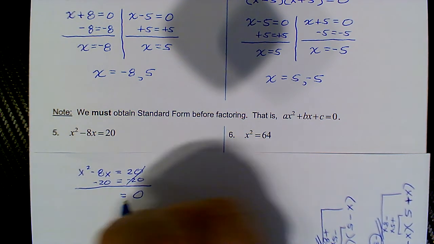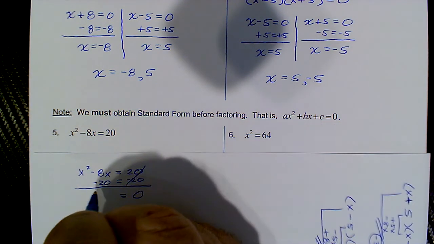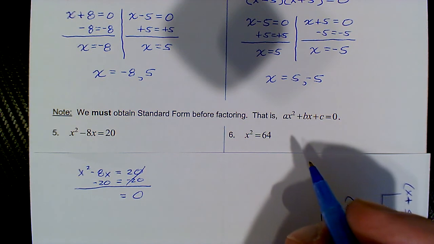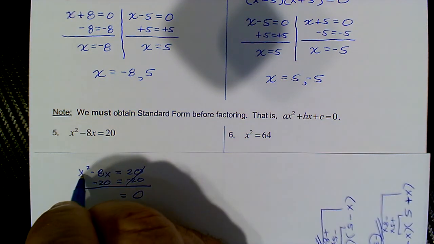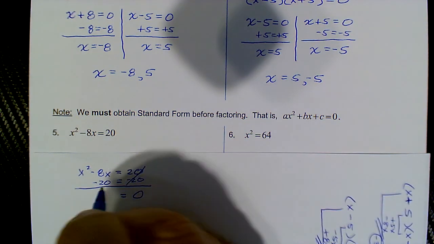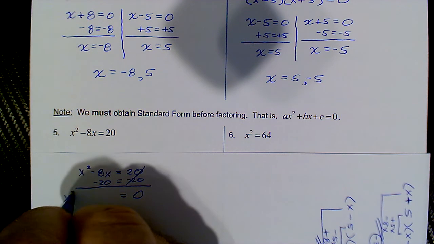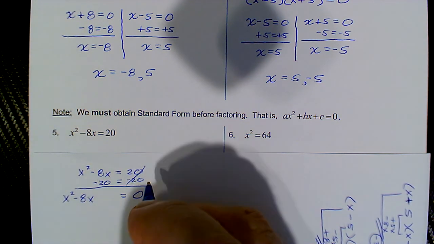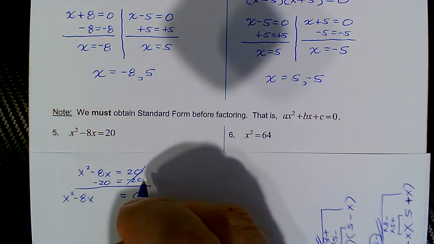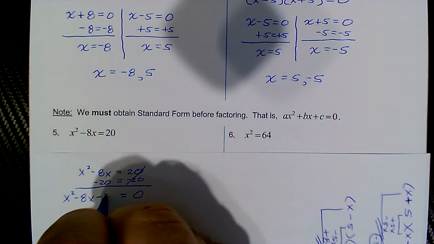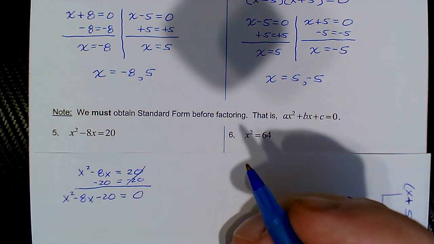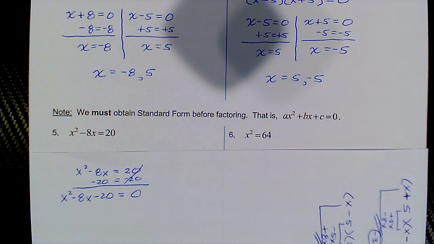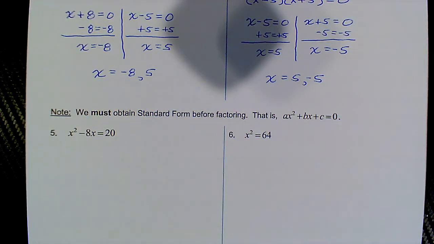That's why we did it. And then on the left you can't really combine anything because nothing is like. That is, you have a squared term, a linear term, and a constant. So therefore you would just rewrite it as such. Squared term, x squared, linear term next, minus 8x, and then the constant, minus 20. So if you have to show it that way, that's fine.